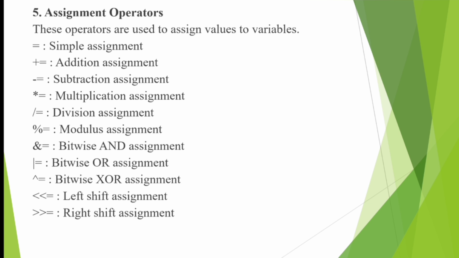The simple assignment operator is equal to, plus equal to is addition assignment, minus equal to is subtraction assignment, and then multiplication assignment, division assignment, modulus assignment. Ampersand equal to is bitwise AND assignment, then bitwise OR assignment, bitwise XOR assignment, left shift assignment, right shift assignment. These are called assignment operators.